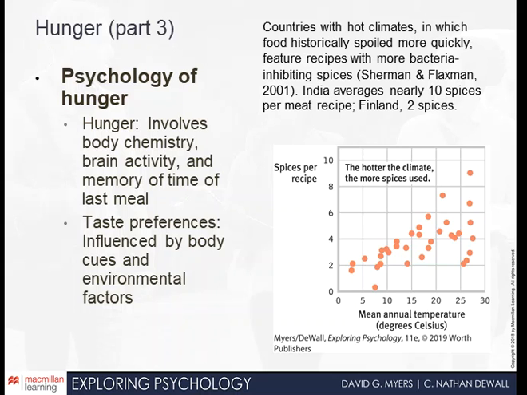And what it comes down to is this: the hotter the climate, the more spices used. That's what the research would tend to suggest. If you are in a hotter climate, you'll use more spices, particularly spices that inhibit the growth of bacteria. That is something that makes perfect sense if you think about it. The hotter climates, they use more spices because it allowed them to live longer and more healthily.